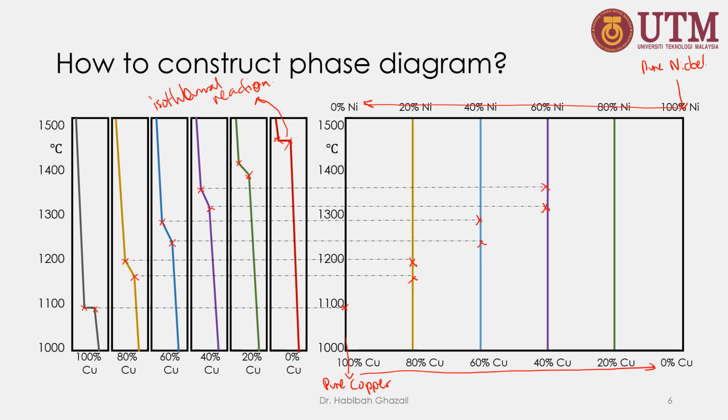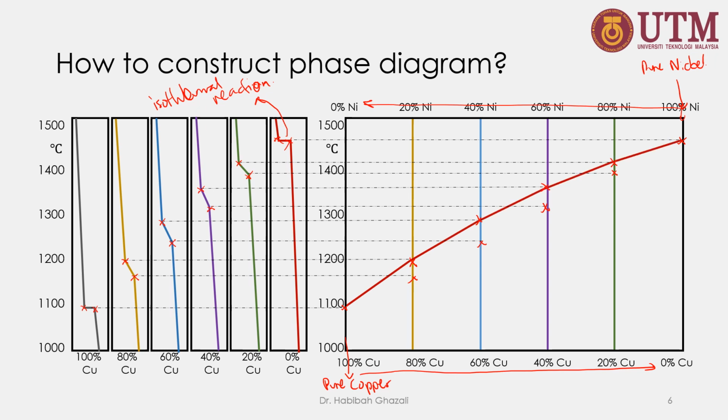And for 80% of nickel, we will have this temperature where it begins to solidify, and it will end the solidification of 80% nickel and 20% of copper at that temperature. And finally, for this line here, we will plot for the isothermal reaction of the pure nickel, and that temperature is there.